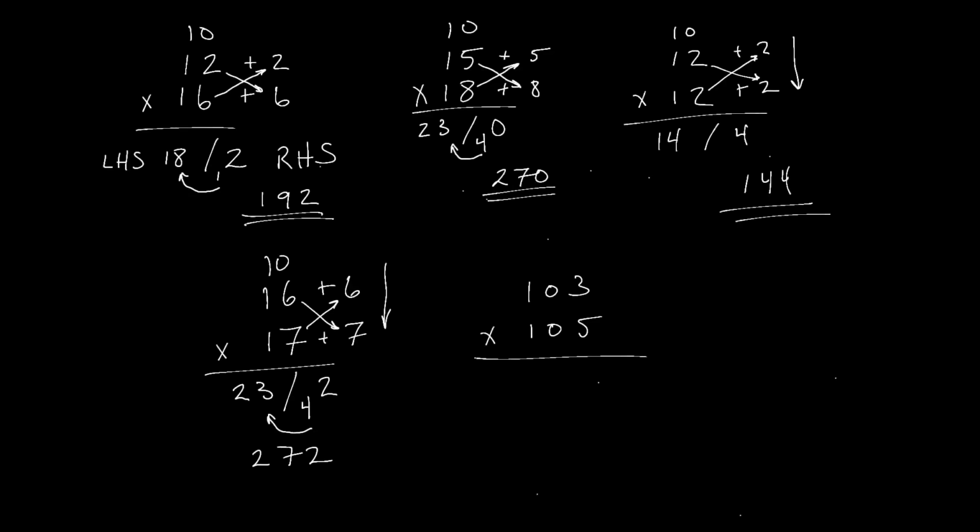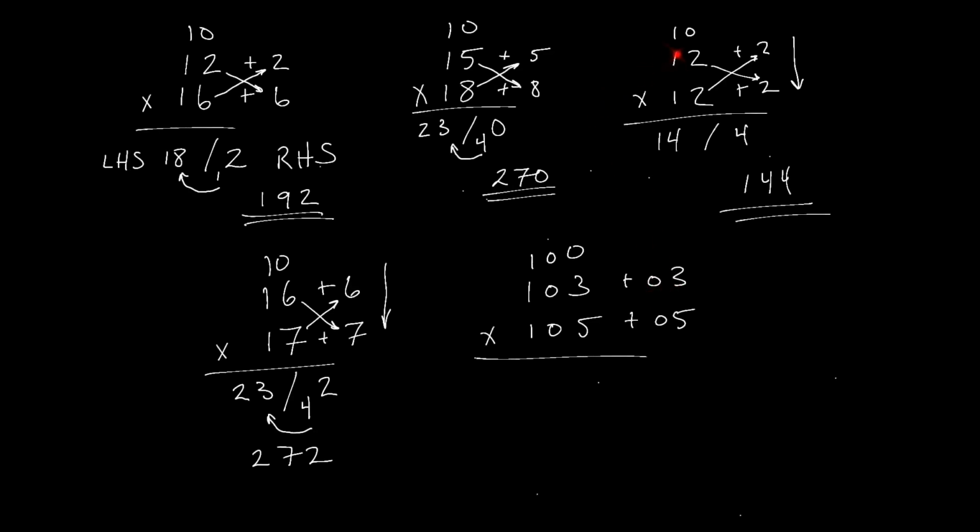Okay, let's try this one off of base number 100. So 103 times 105. Base number 100. 103 is plus 3. 105 is plus 5. However many zeros are in the base, that's how many digits I like to put here.